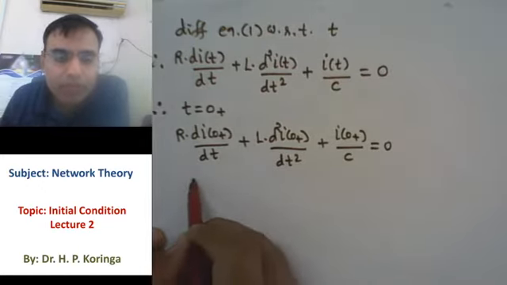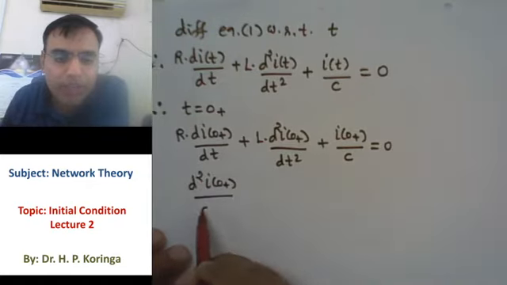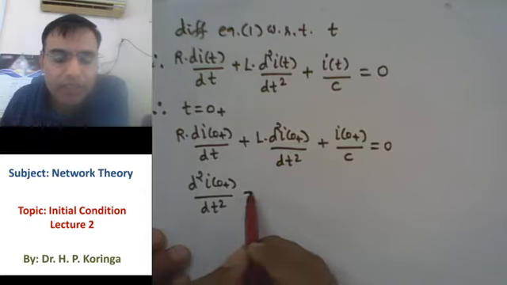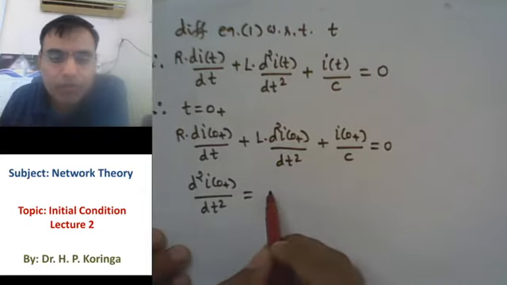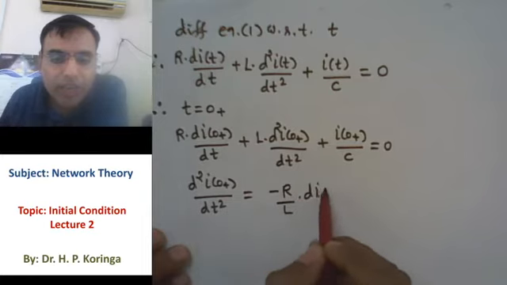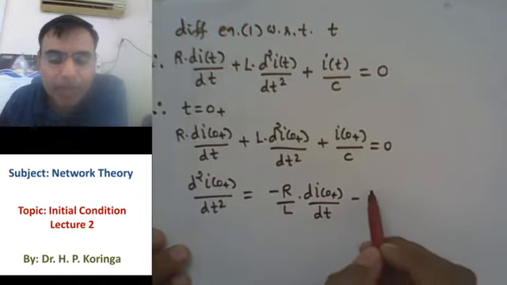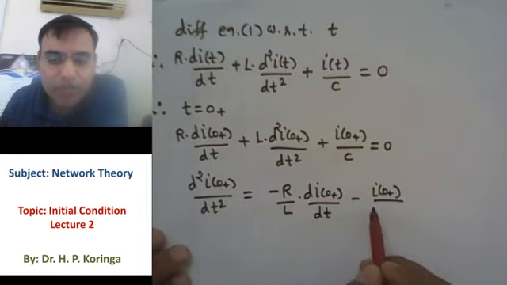Now we want to find d square I(0+)/dt square. So let's take it as the subject. So it is equal to minus R divided by L into dI(0+)/dt minus I(0+) divided by L into C.